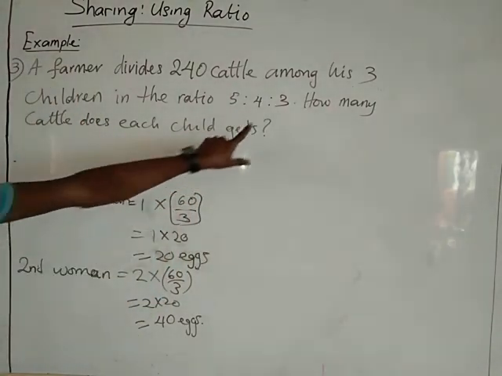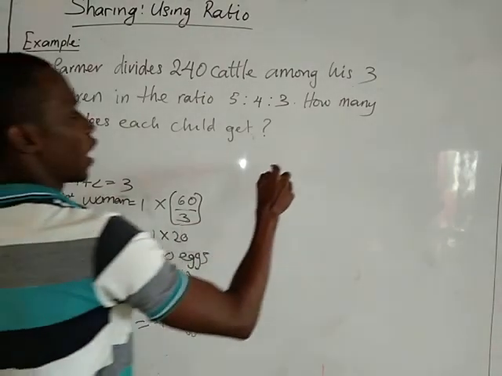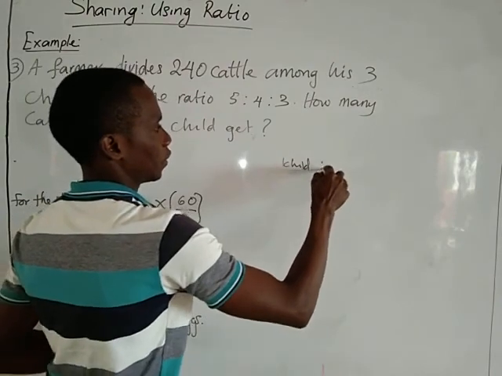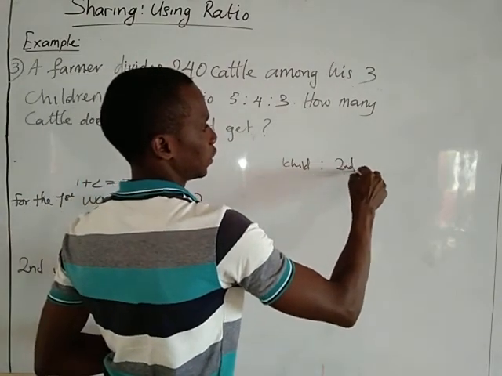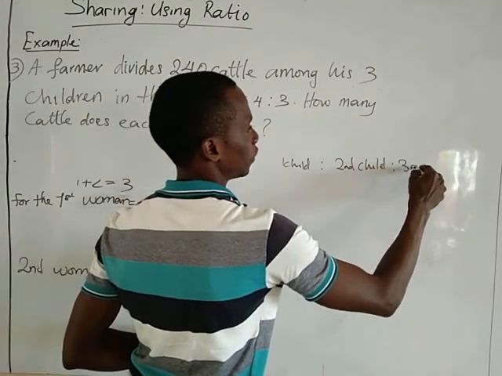Now, do you remember from our explanation during the introduction? I told you that this is having a first child, the second child, and the third child.